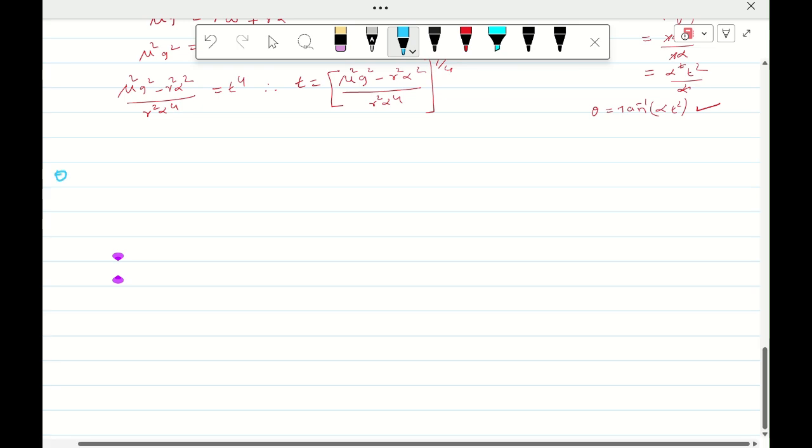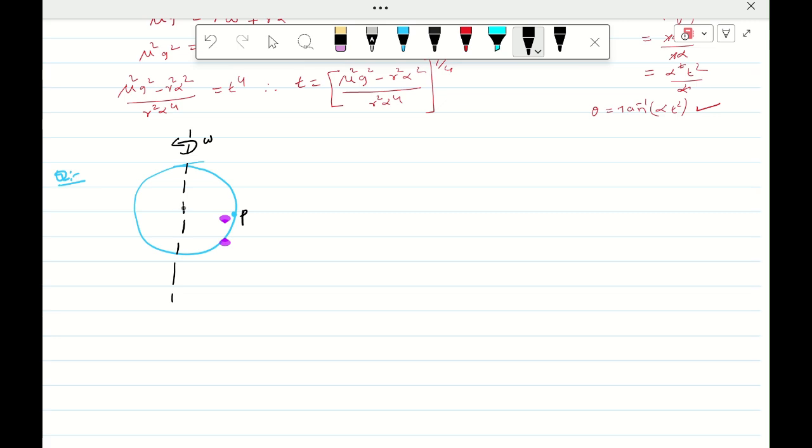So coming to the next question. There is one small bead, of very small mass, fixed at point P on a circular track. The circular path is rotating about its axis with omega. So now from the center, consider this is the point.